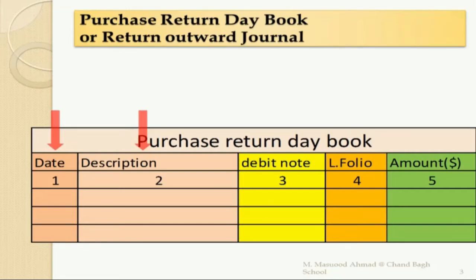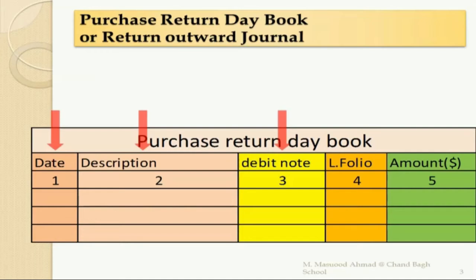The third column is for the debit note. The debit note is issued by us, and it is the source document for this book. The accountant must have this document before recording the transaction in the Purchase Return Day Book.